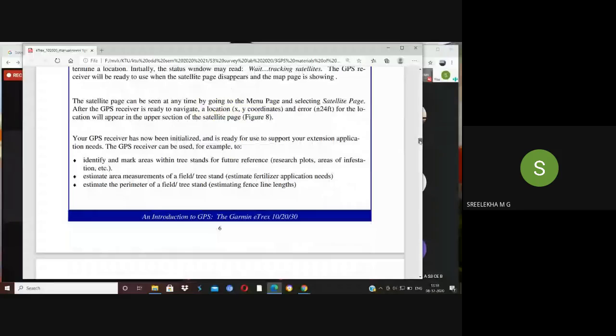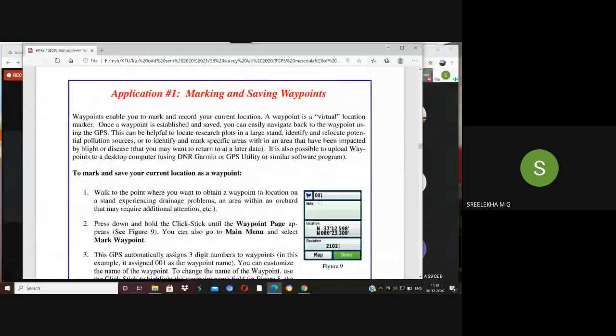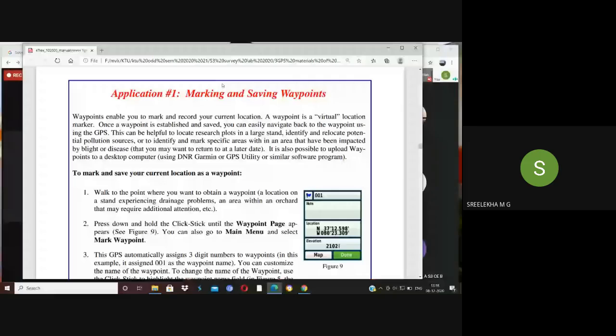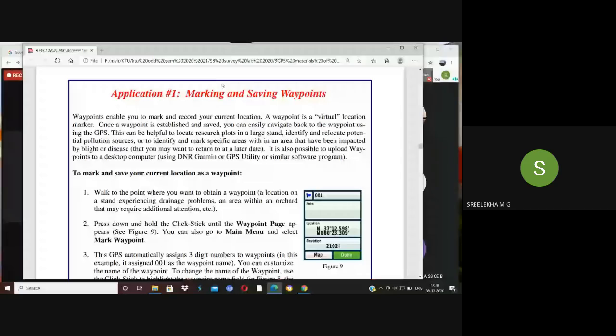Okay, for example, the first application shown is marking the waypoint. So waypoint means the points whose details are to be collected. That's the location that is experiencing some drainage problem, or an area which is having some other problems, an accident problem or like that. A waypoint is only a term given to that location whose GPS details are to be traced.